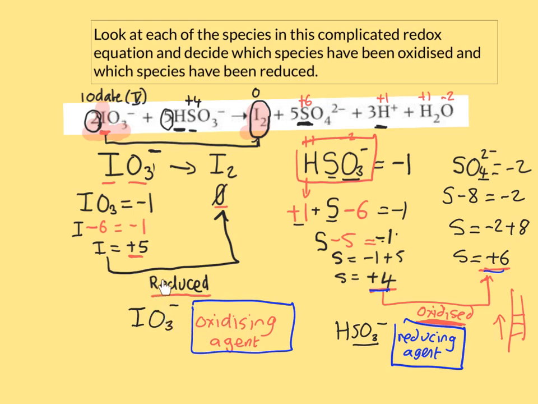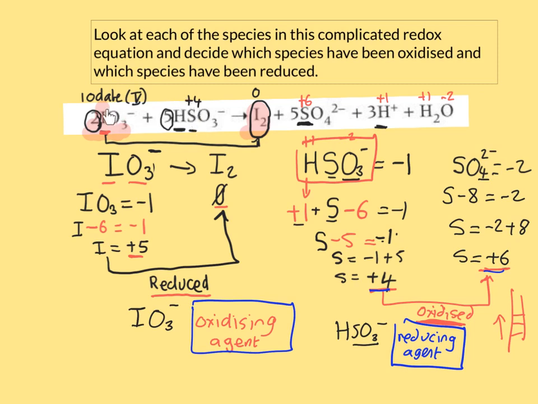Therefore this is a redox reaction, because the oxidizing agent, the iodate ion, gets reduced to iodine, and the HSO3 minus ion becomes oxidized to the sulfate ion.